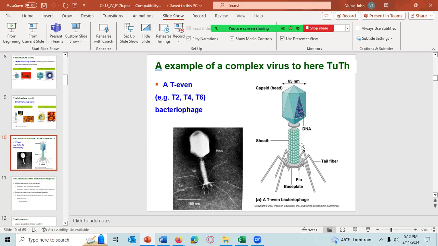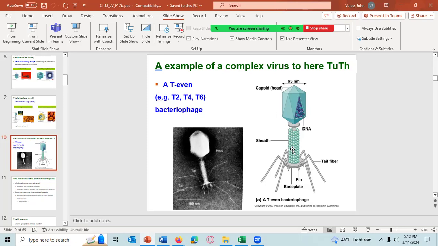That's because bacteria have a cell wall, and it's more difficult to infect a cell when it has a cell wall than when it's lacking a cell wall. And the tail is a specific structure to help with infecting a bacteria that has a cell wall.